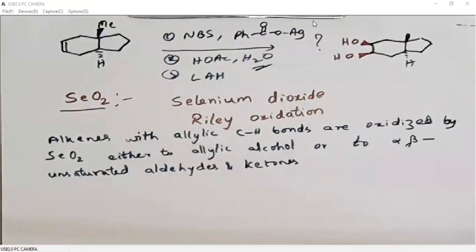Alkenes with allylic CH bonds are oxidized by selenium dioxide either to allylic alcohol or enone. Okay, it is based on the reaction conditions.